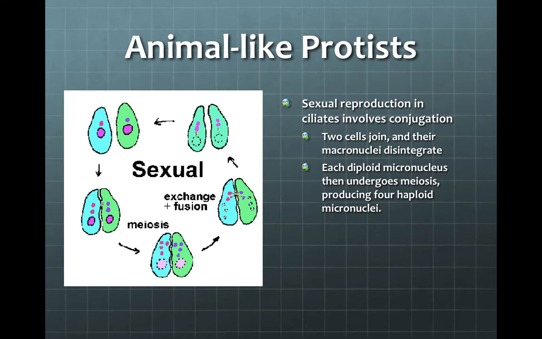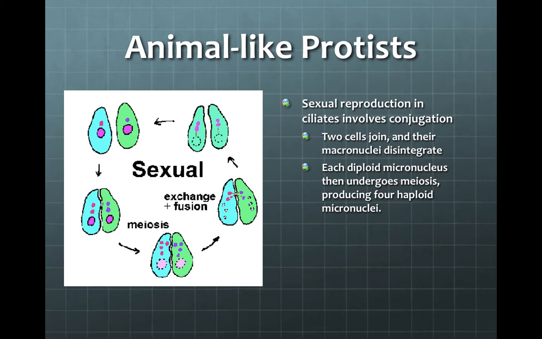Each diploid micronucleus then undergoes meiosis, producing 4 haploid micronuclei. So you can see, here's where it started, and then it goes down here, and then they basically switch here, and then they have 2 new ones.